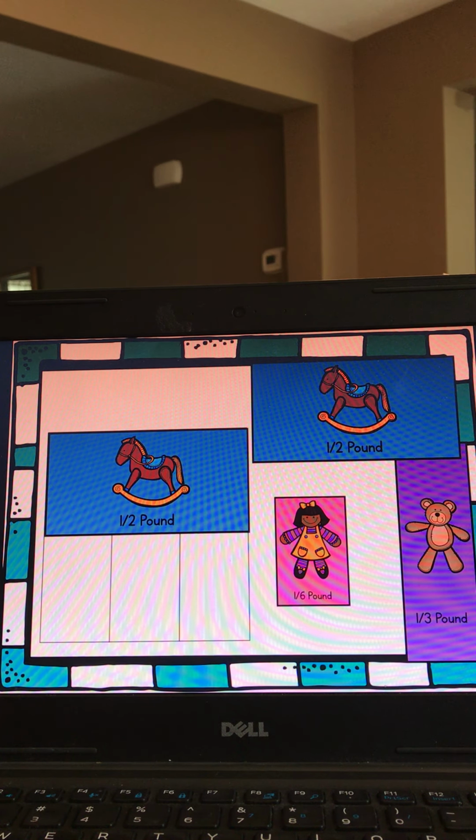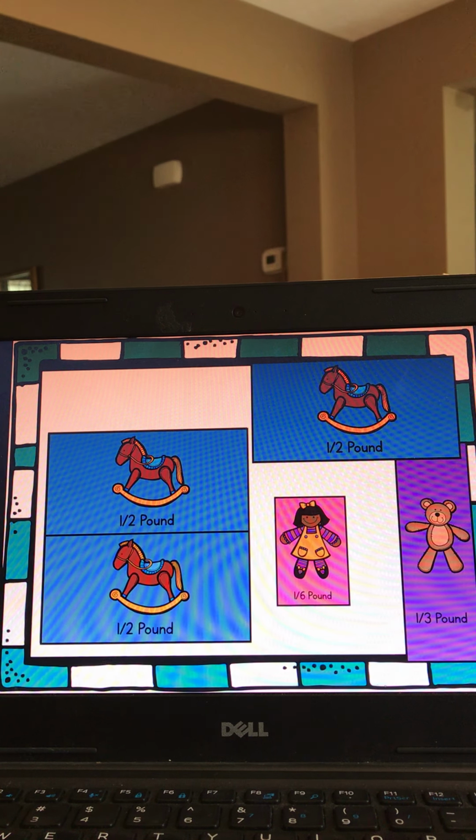So if I put the rocking horse in the box, it takes up 3 of the 6 blocks and leaves me with 3 more. Well, I can add another rocking horse so that I have 1/2 plus 1/2, which equals 1 whole.